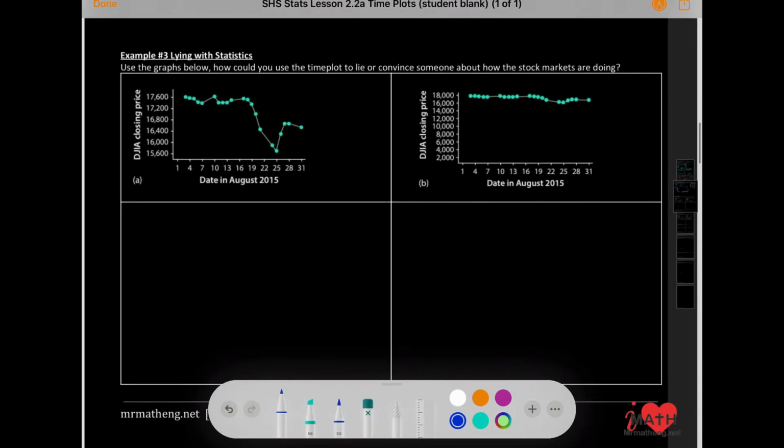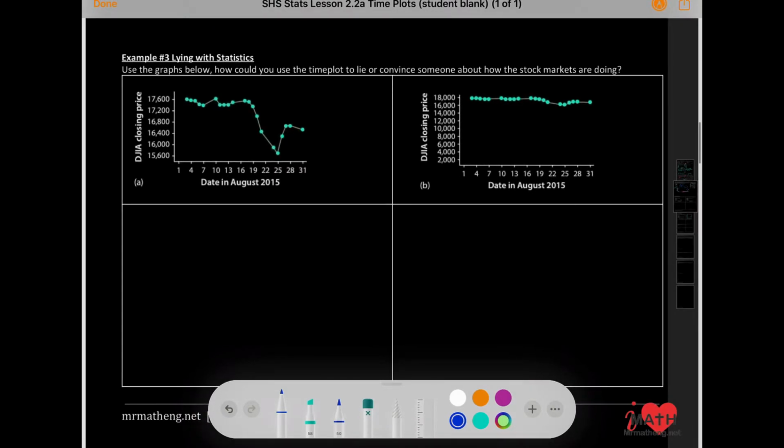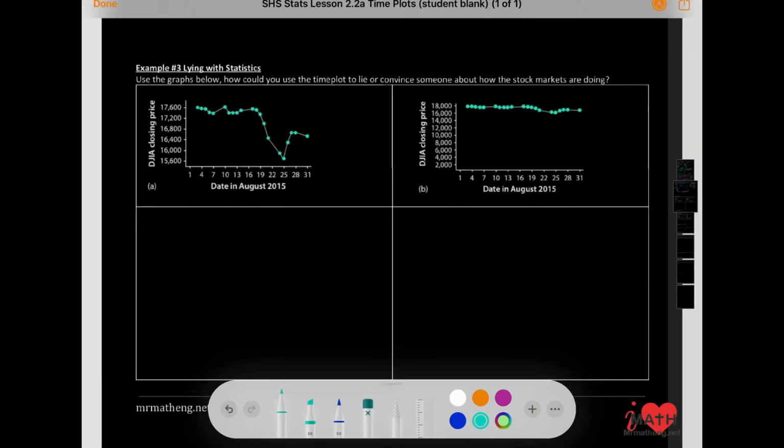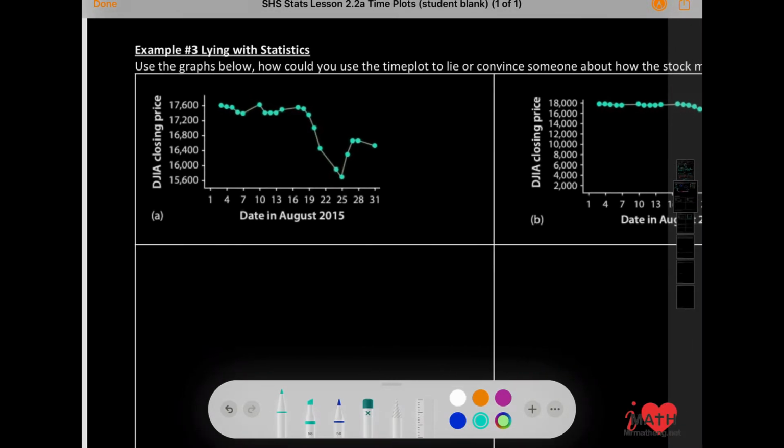All right, let's do some lying with statistics. Use the graphs below. How could you use the time plot to lie or convince someone about how the stock markets are doing? So what would I say about this one?